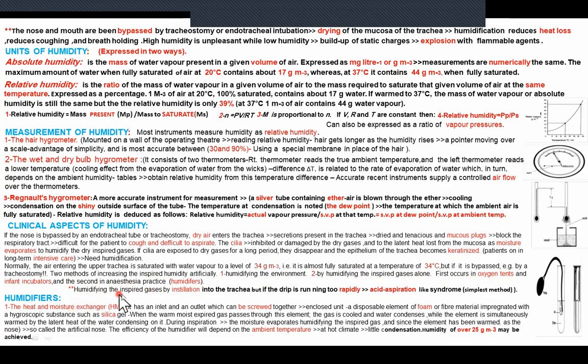Of course, humidification of inspired gases by instilling water into the trachea may induce something called acid aspiration pneumonitis. So it is a simple method, but we must keep in mind this incident that may occur. Humidifiers, as we said before: we have first of all the heat and moisture exchange humidifier, HME.